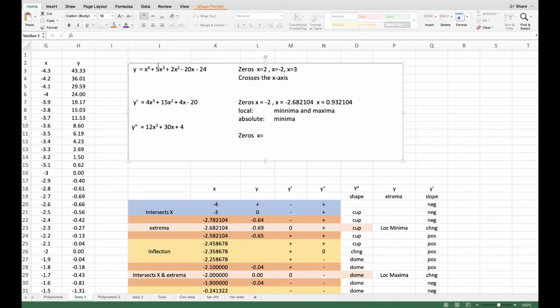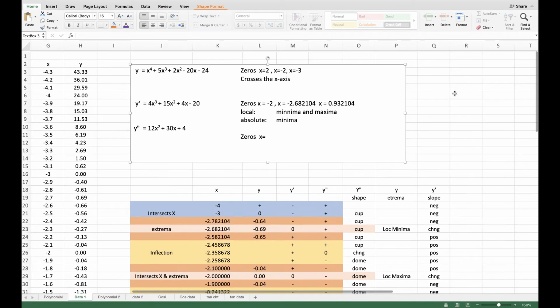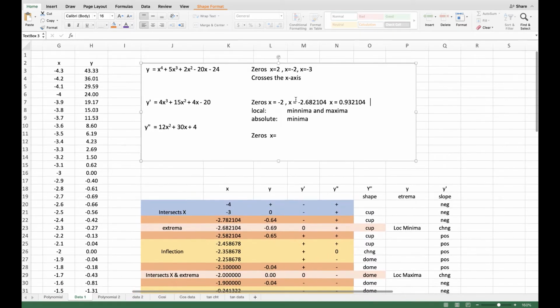The zeros of y occur at x equals 2, x equals minus 2, and x equals minus 3. I'm sorry, the negative sign was missing. And remember that mess I had with the square roots? Well, that turns out to be these factors right here.